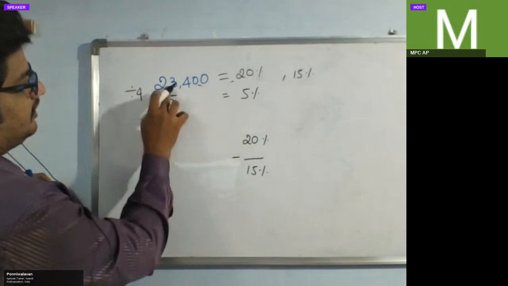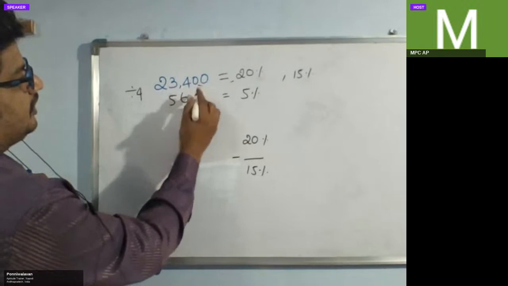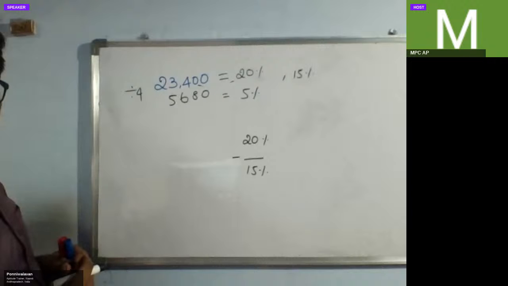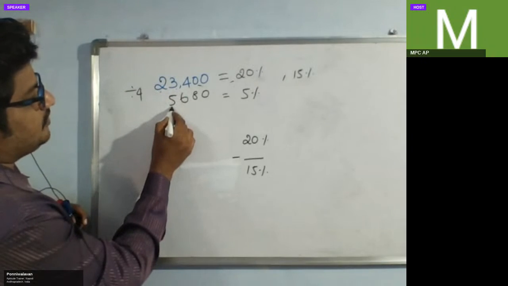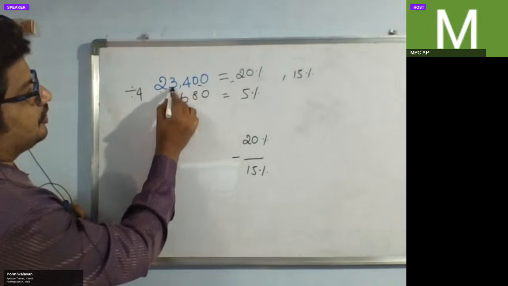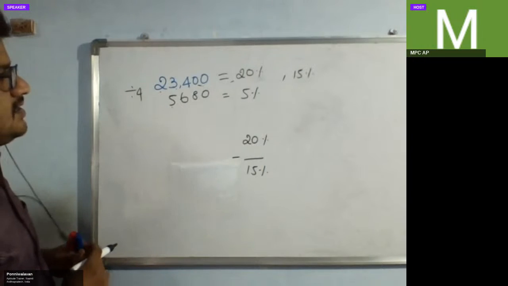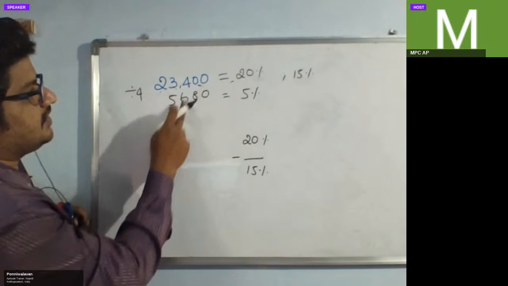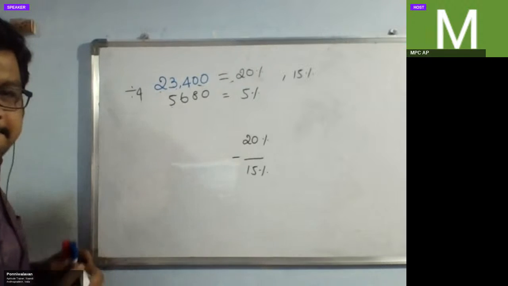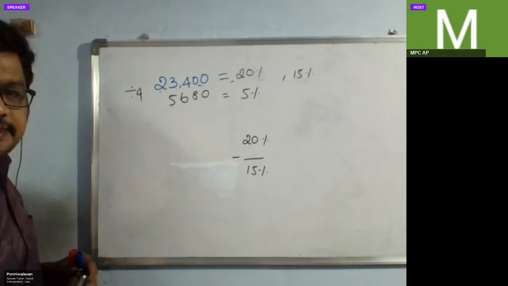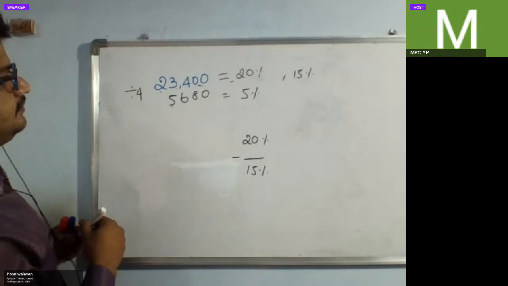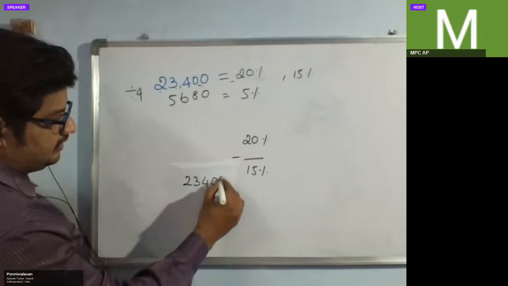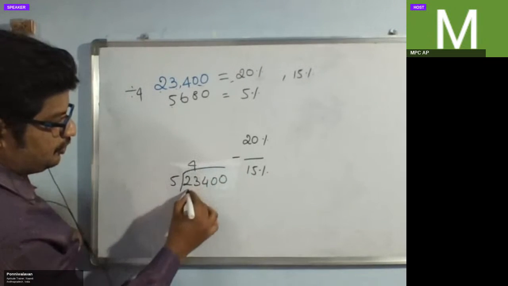So this is 5. 34 means 6. 40 means 80. Correct or not? 23. 4 times 20, remaining 3. 34 means 6 times 30. 23,400, divide this by 5.